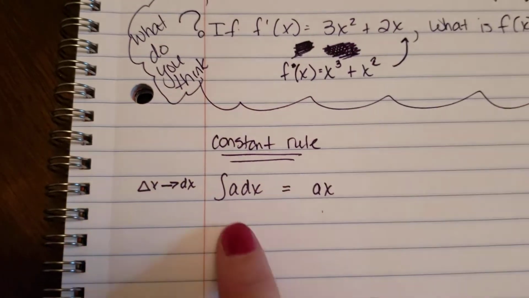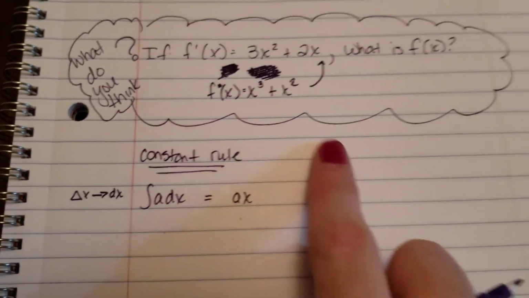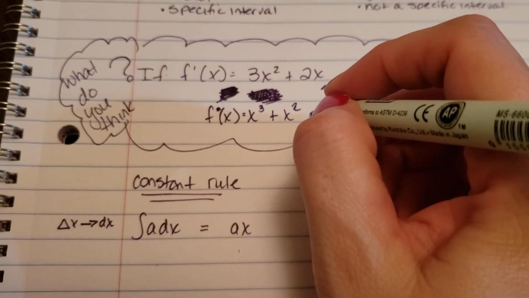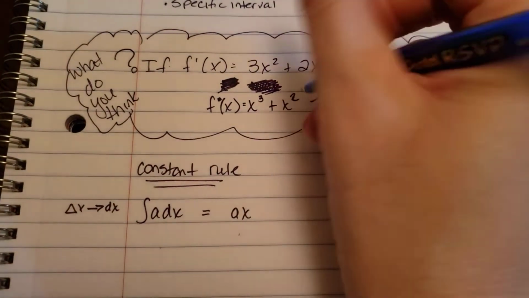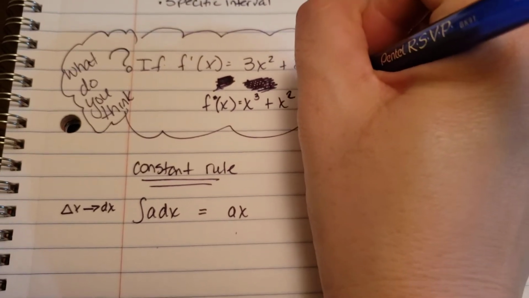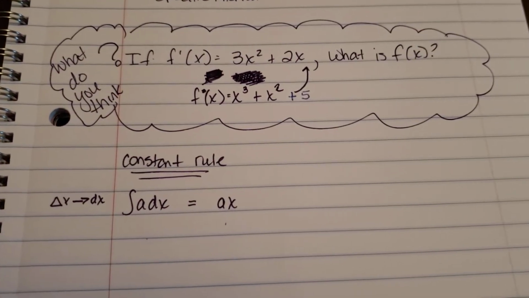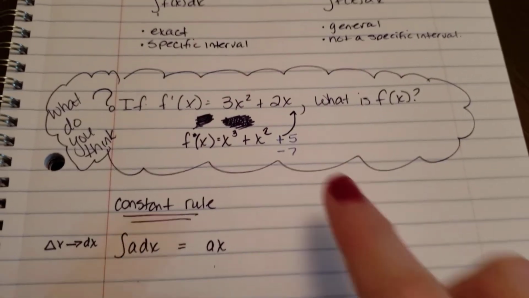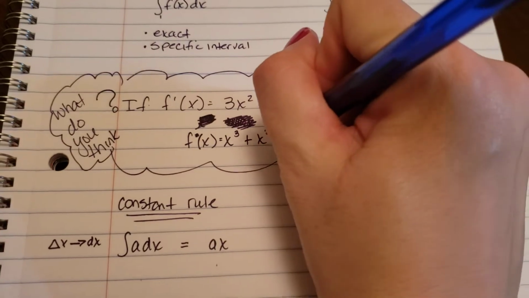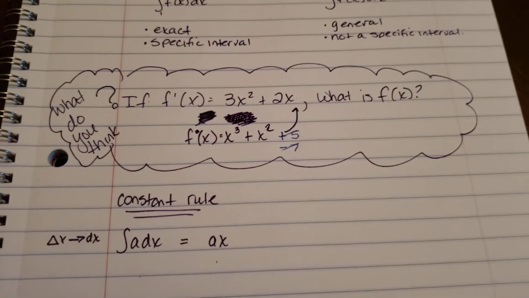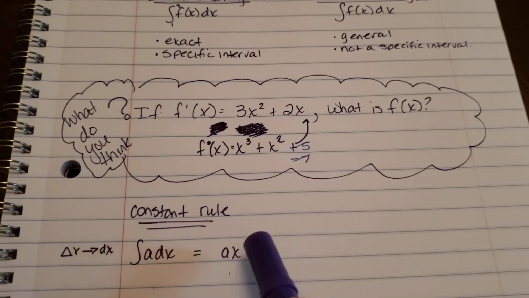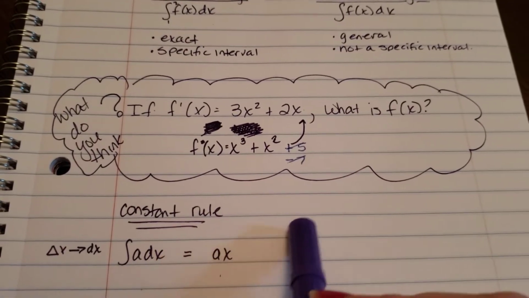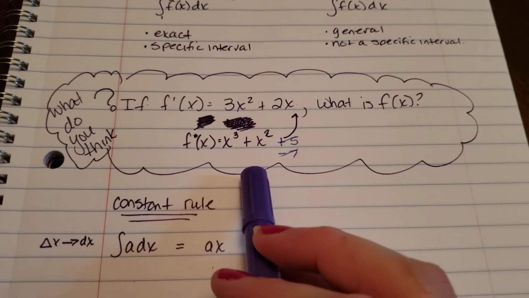But up here with this one, what would have happened if this original function had been like plus 5 or minus 7? What would have happened to those when we took the derivative? Well, they would have disappeared in the derivative. So we don't have any way of knowing when we do the antiderivative if there had been a constant in the previous function.